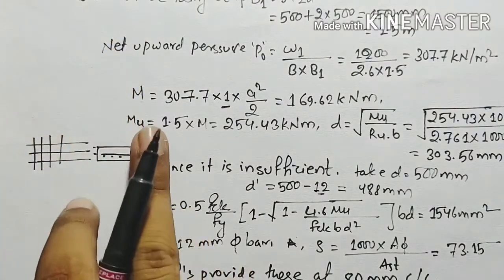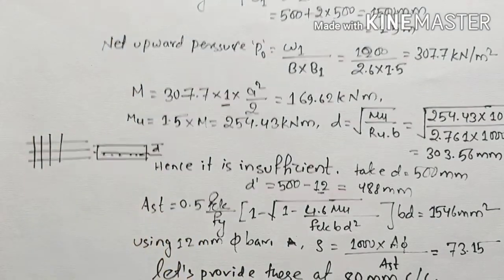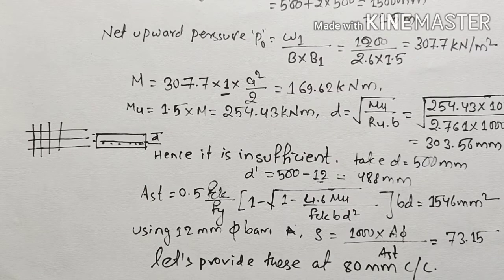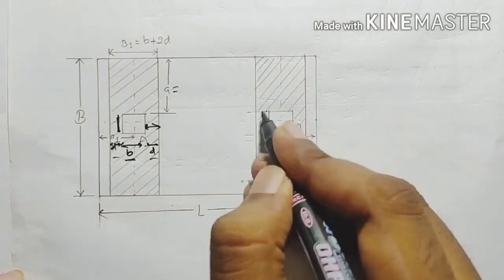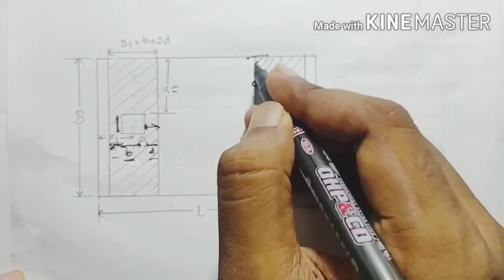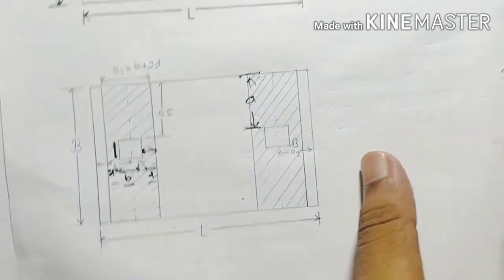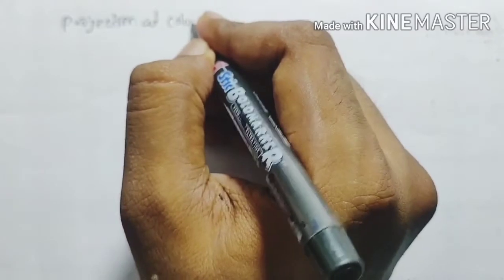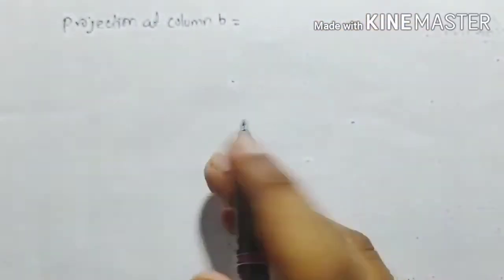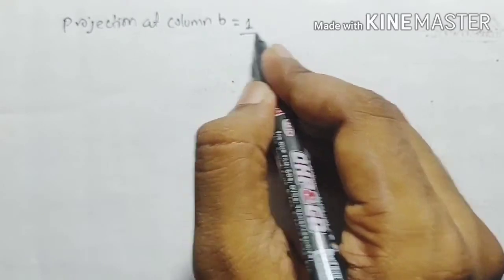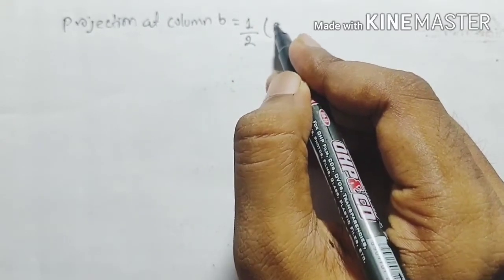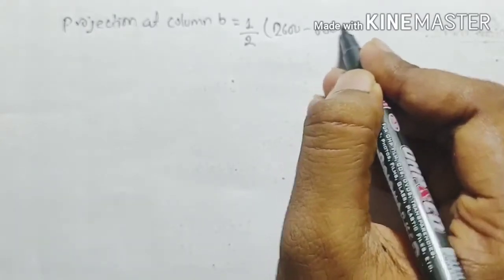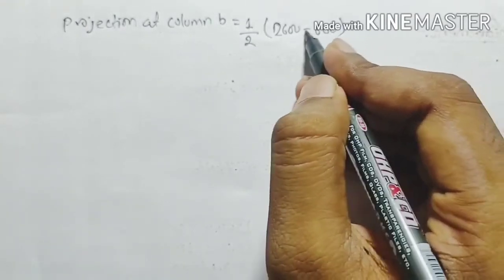Now this was the transverse reinforcement at column A. Similarly, we will design the transverse reinforcement for column B. Again, for finding the transverse reinforcement for column B, we need to find the projection. Let's denote it by A and use the formula, projection at column B, which is 1 by 2 times 2600 minus the dimension of column B, which is 600 millimeter.